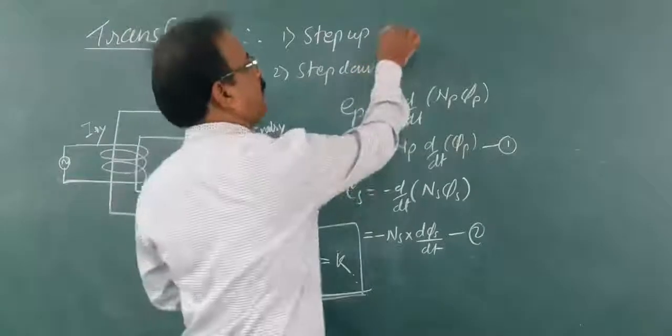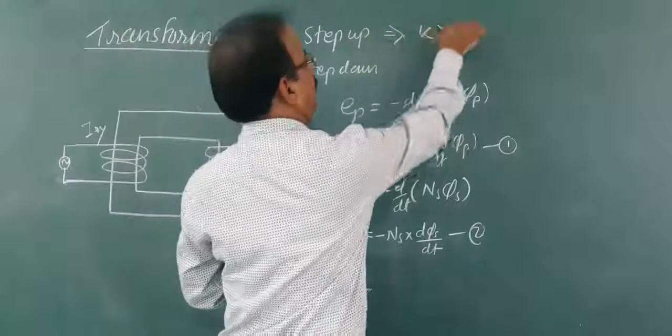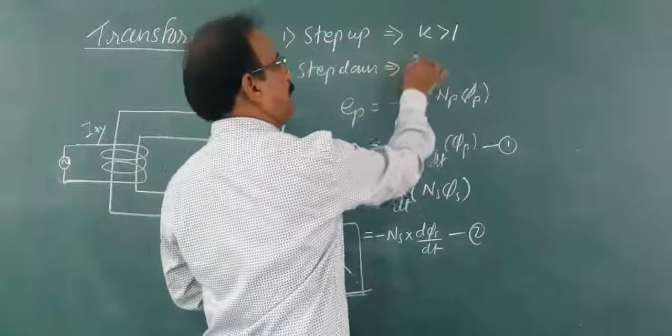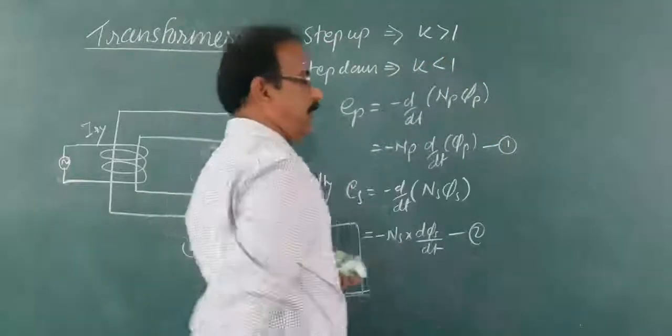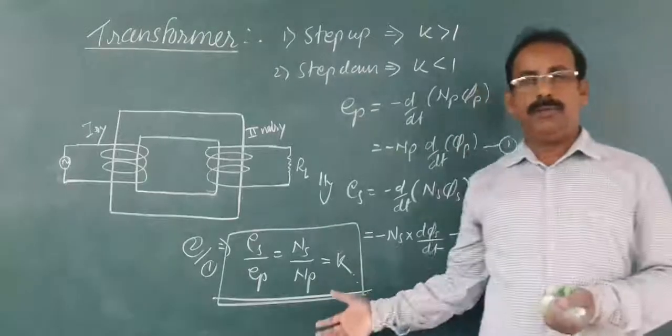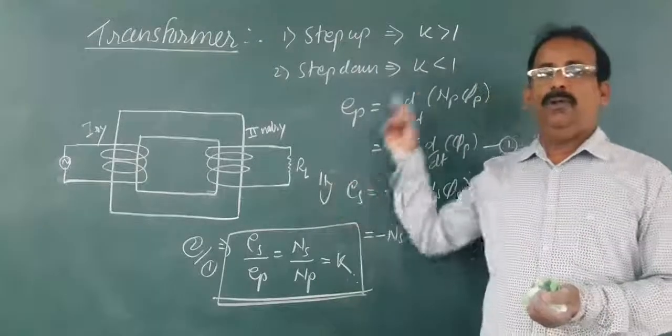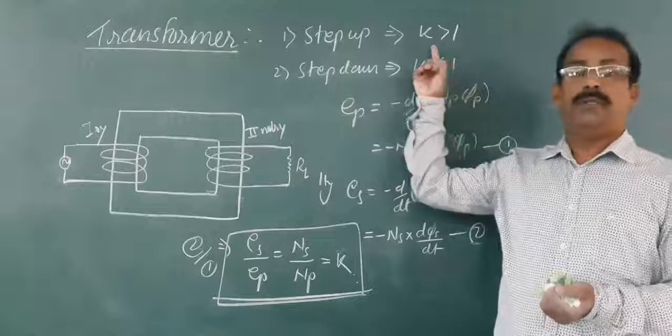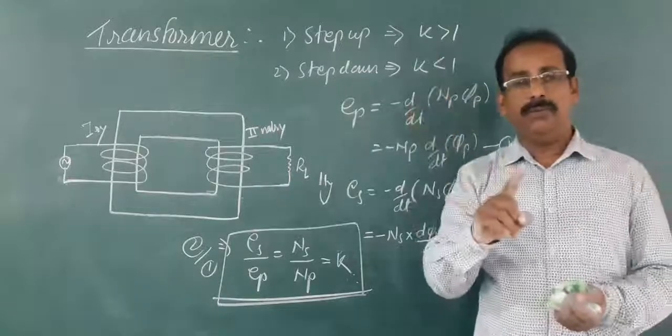For a step-up transformer, K is always greater than 1, and for a step-down transformer, K is less than 1. K means transformer ratio.